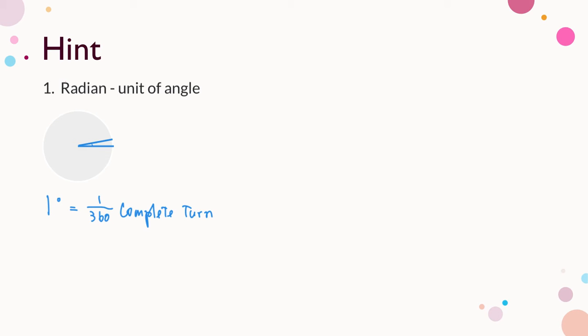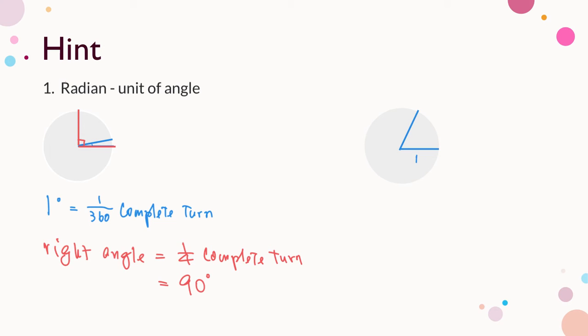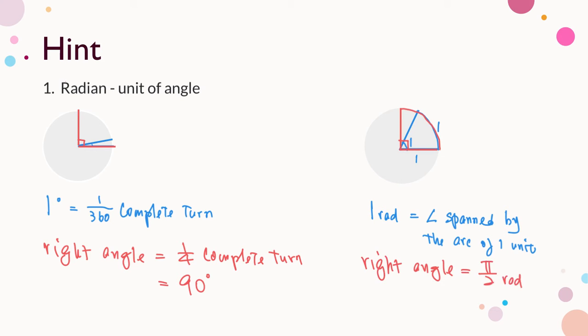Thus, a right angle refers to a quarter of a complete turn, and it takes 1/4 of 360 parts, that is 90 degrees. For radian, the arc length of the unit circle is used for measurement. The angle spanned by 1 unit in arc length is said to be 1 radian. Thus, a right angle is pi/2 radian, as it is a quarter of the circumference of a unit circle.